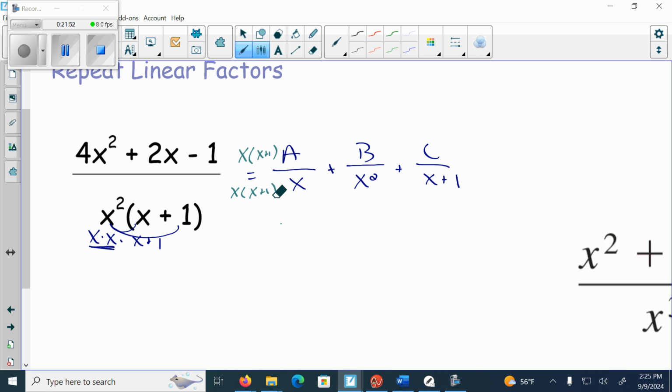Why is it? Because I already had this x that I have there, this is what I need. Yes? So I'm going to write neatly, not messy. I'm going to write equals Ax times x plus 1. Everyone good with that?